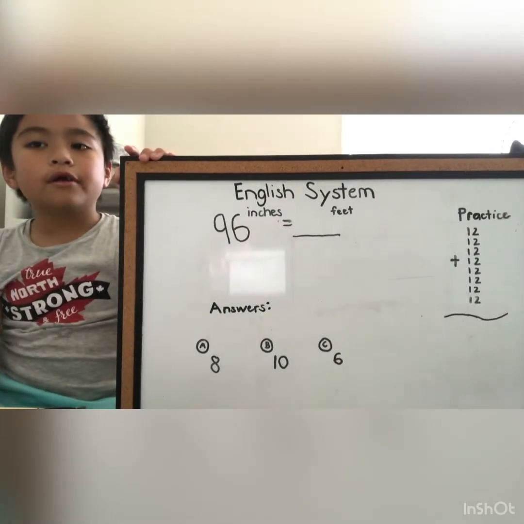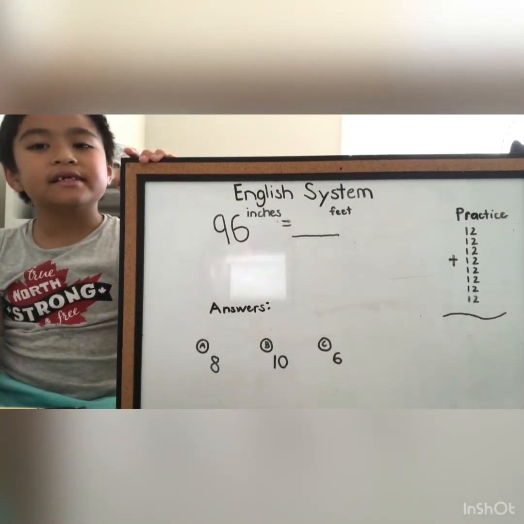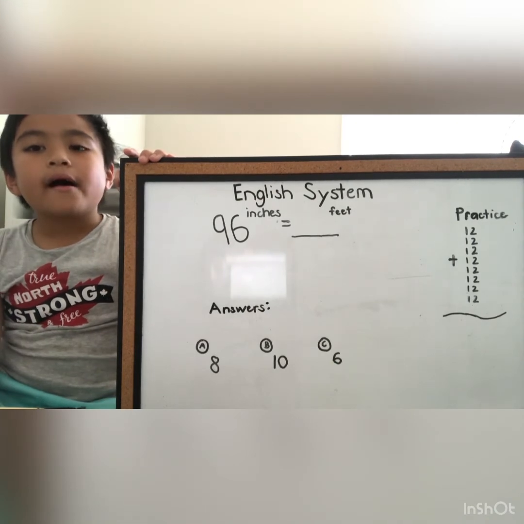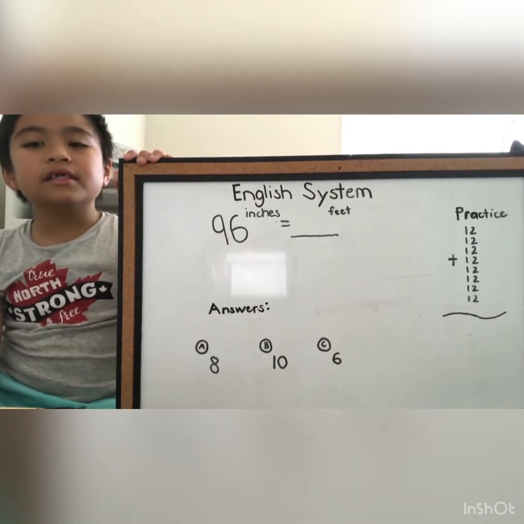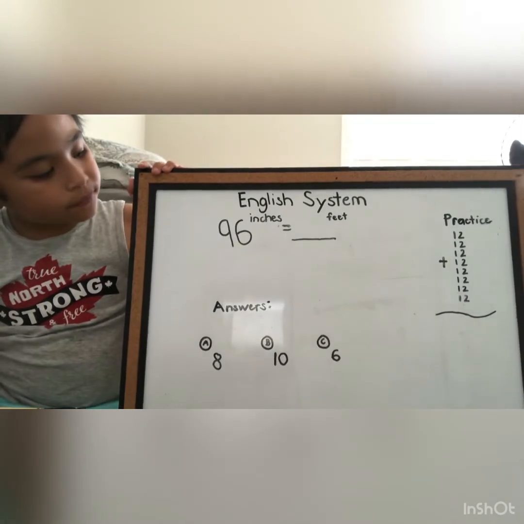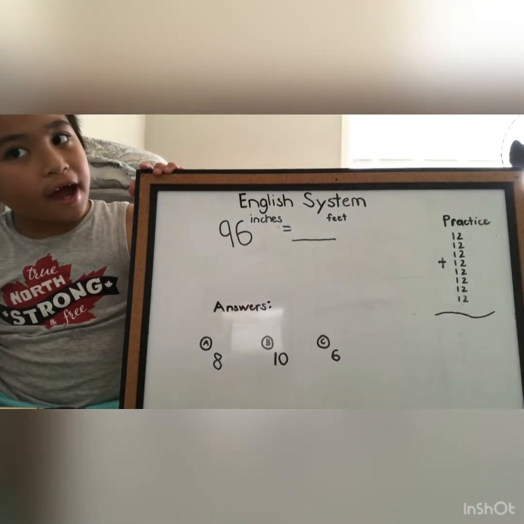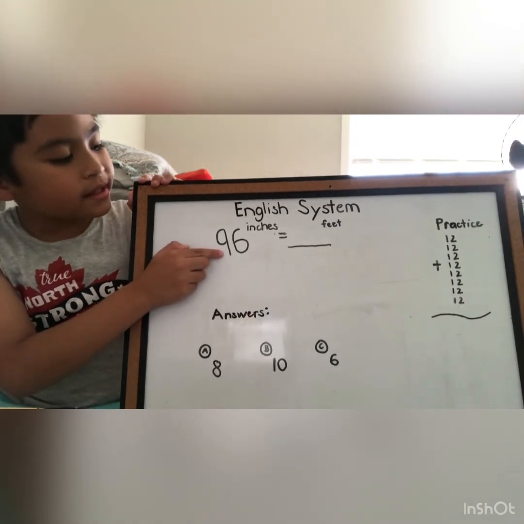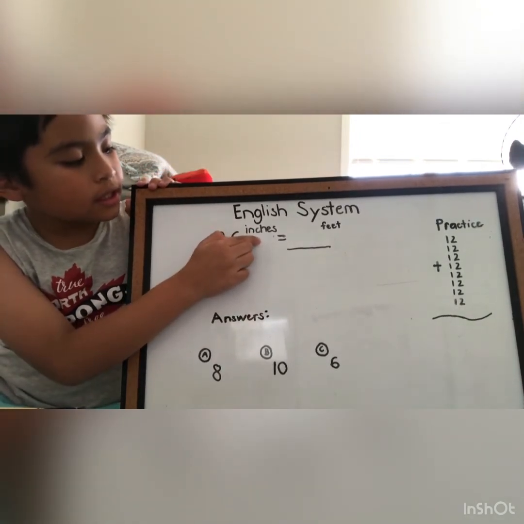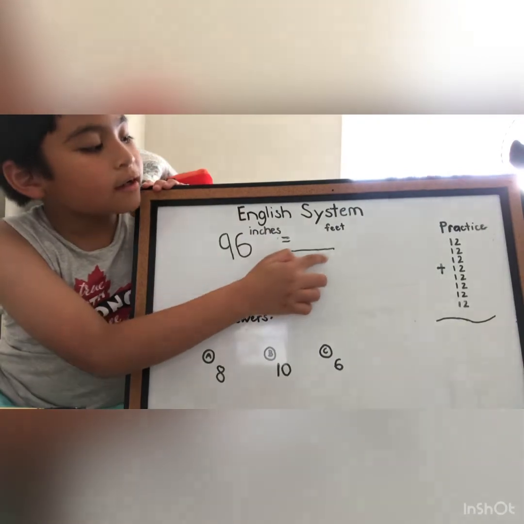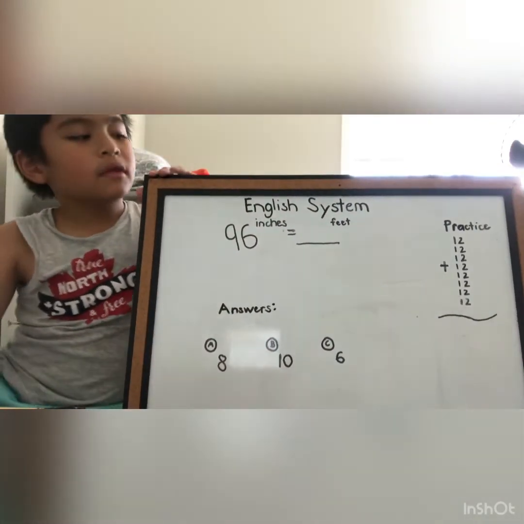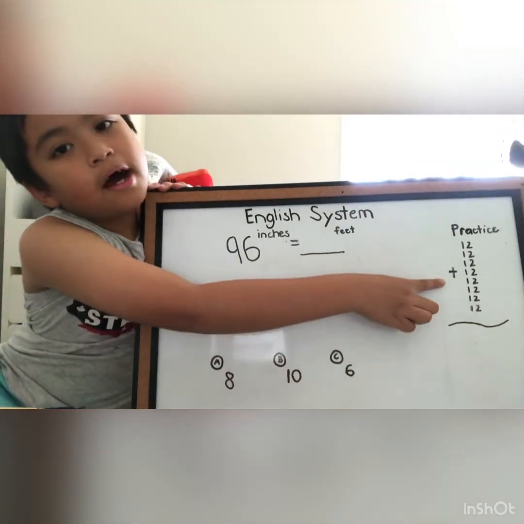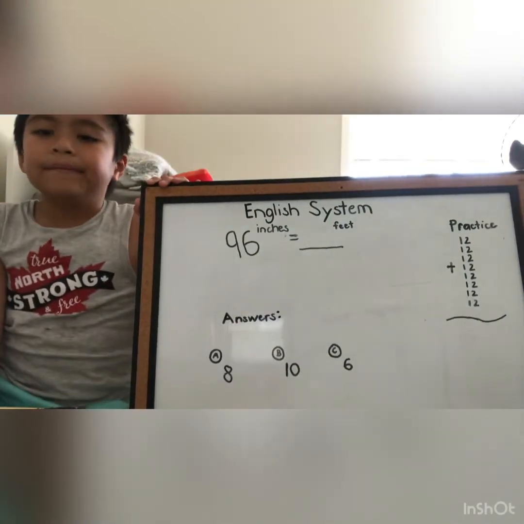So now we are at the English system. So here's the question. We are starting at height. 96 inches equals something feet. Here is the practice if you need.